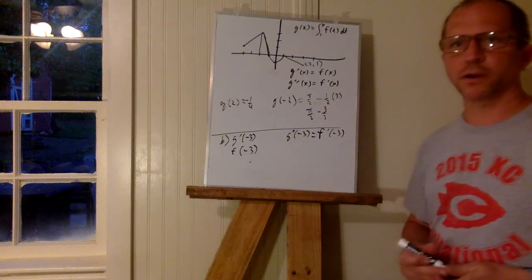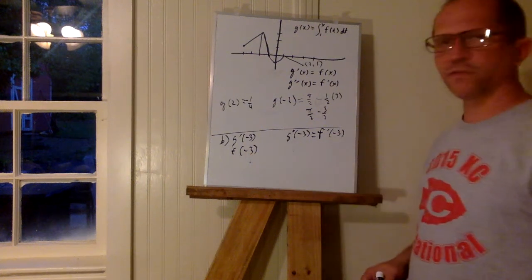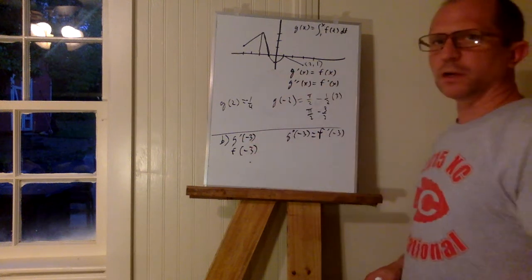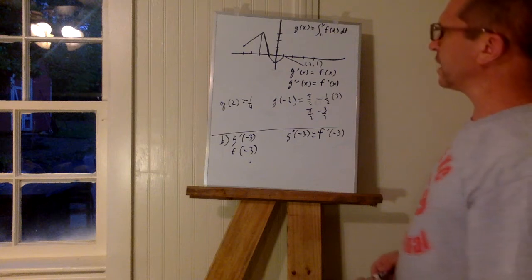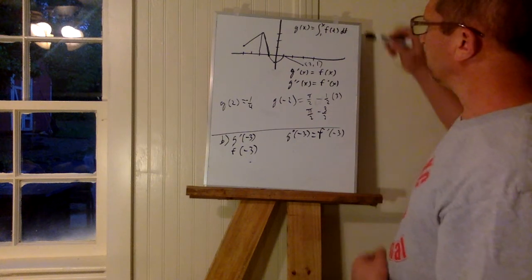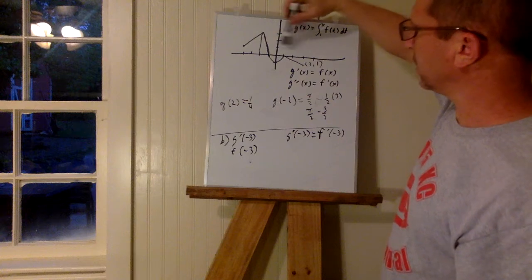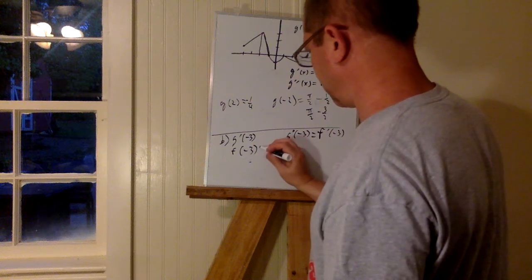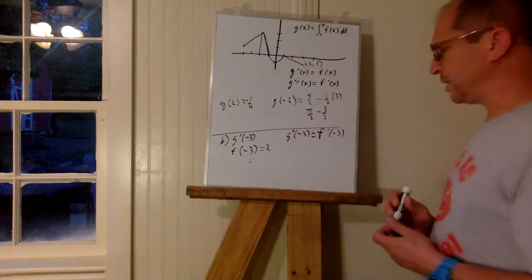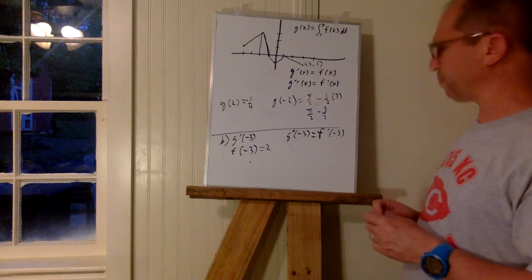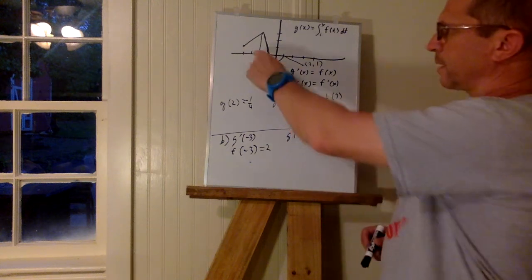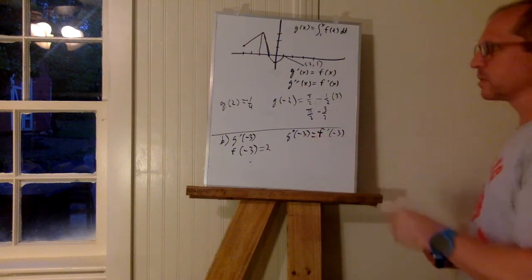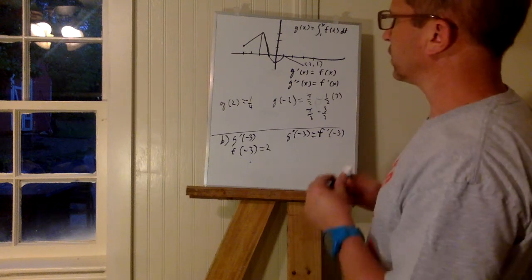So if they ask for a reason, this is reason enough, where you show that these two things are equal to each other. And actually, if you show it here, you've shown it enough times. So f of negative 3, you go back 3, this would be up 2. So f of negative 3 is 2. And g double prime of negative 3 is the same thing as f prime of negative 3. Well, here's negative 3. It has a slope there because, again, for f prime, we're looking for the slope. The slope there is going to be 1.